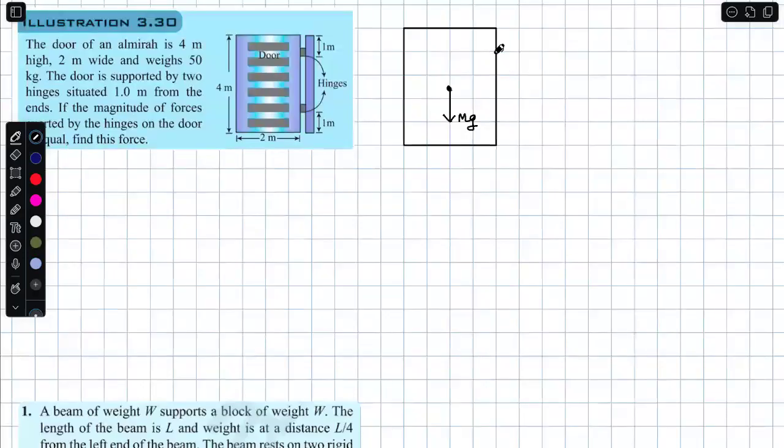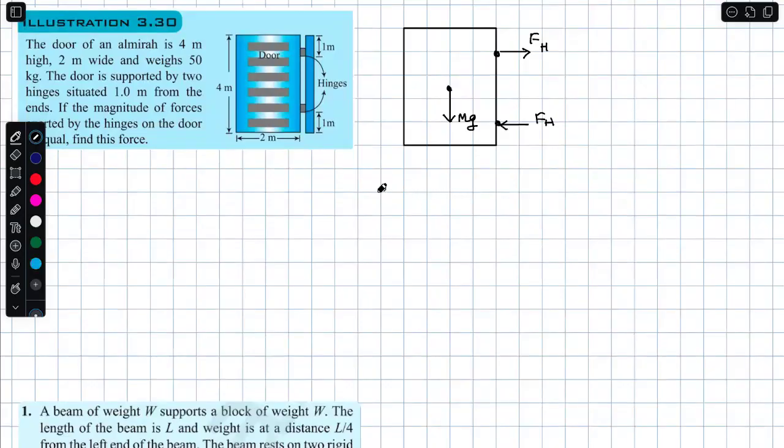There is a hinge here and there is a hinge here. So I am assuming one horizontal force FH over here, and another FH over here, because there is no other horizontal force to support equilibrium.